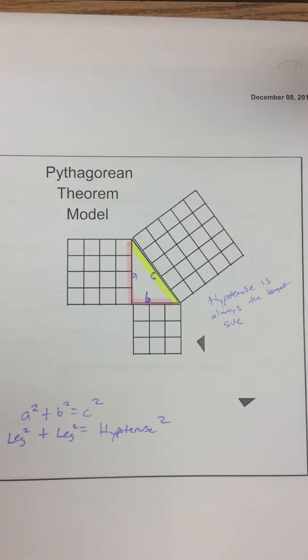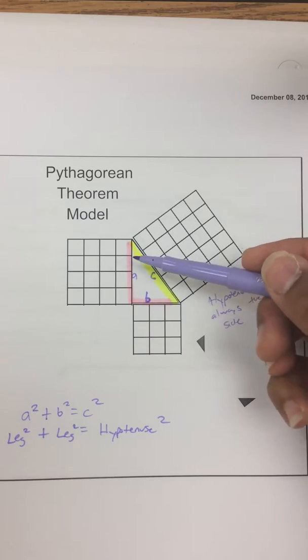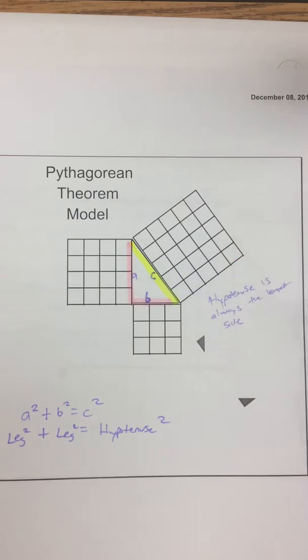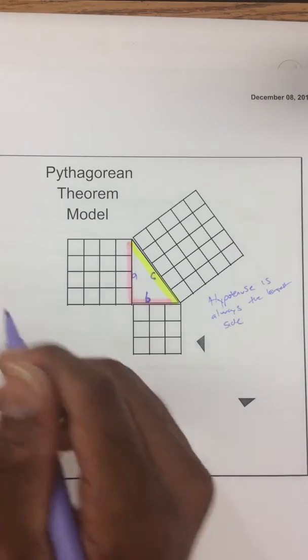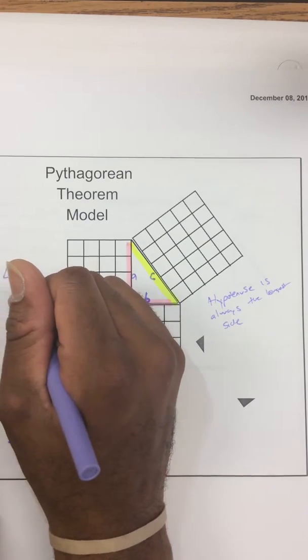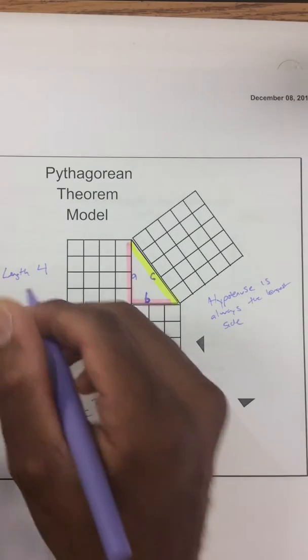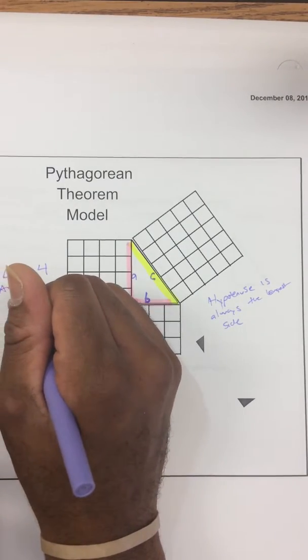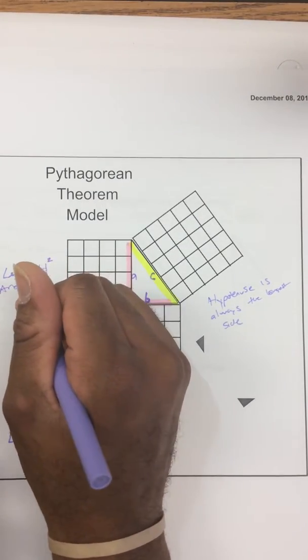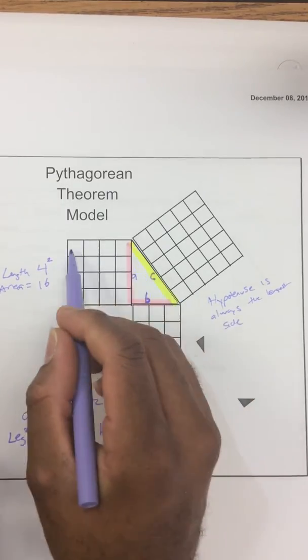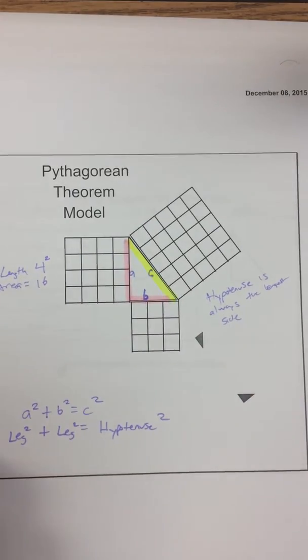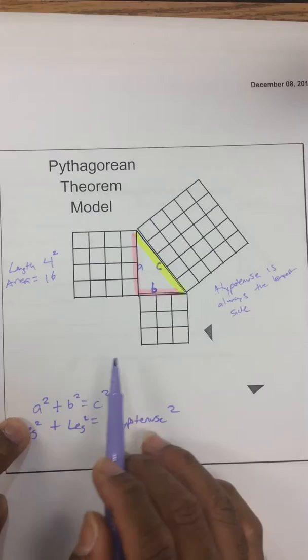Okay? So, the way we do things is, for this, for instance, we count the units. So this is 1, 2, 3, 4 units. So we see that that has a length of 4, which means that the area of this is 16, because if I square that, I get 16. All right. The same with this right here.